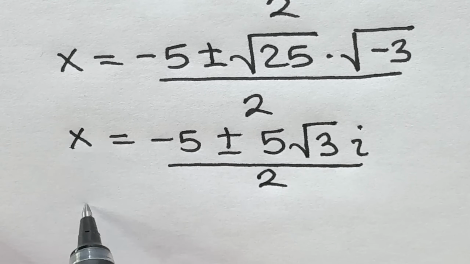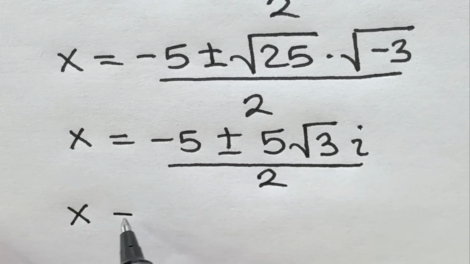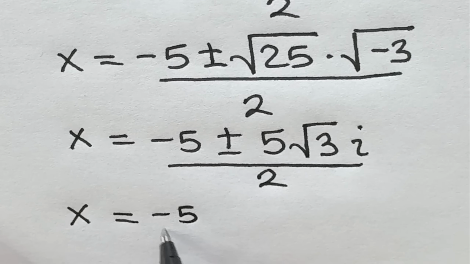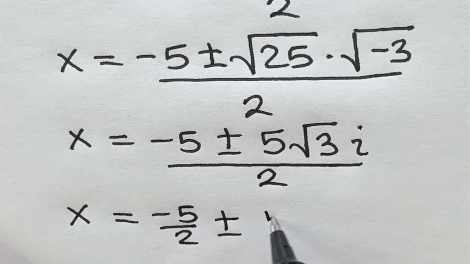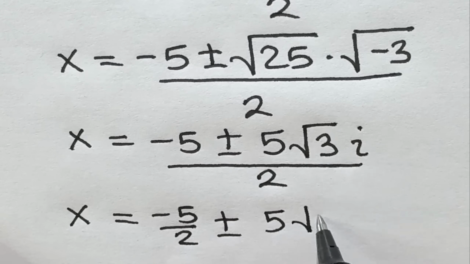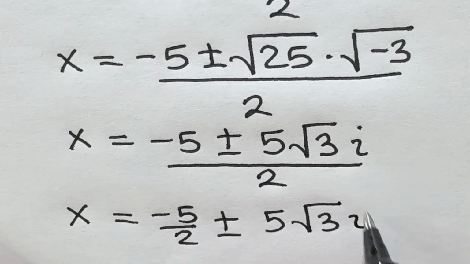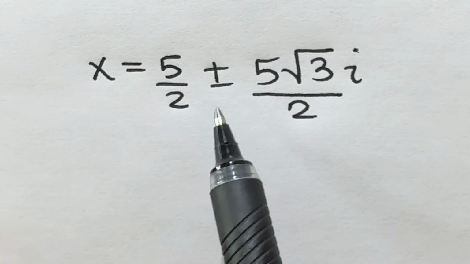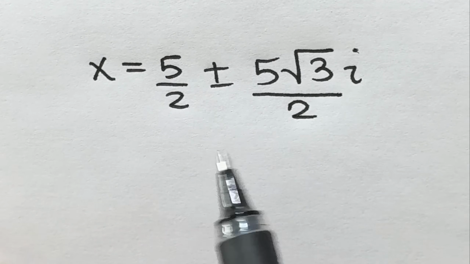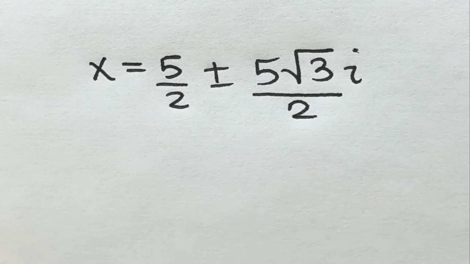This will then give us x is equal to negative 5 over 2 plus or minus 5 root 3 i over 2.